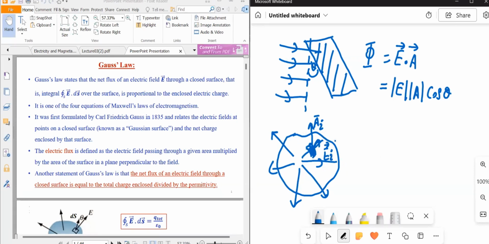Then if I want to consider all this closed surface, first let's consider the flux due to this surface and this electric field line. There's going to be a delta psi, that is E_i dot A_i. So again, I can write E_i, and this is a very small area segment, delta A_i, cos theta.